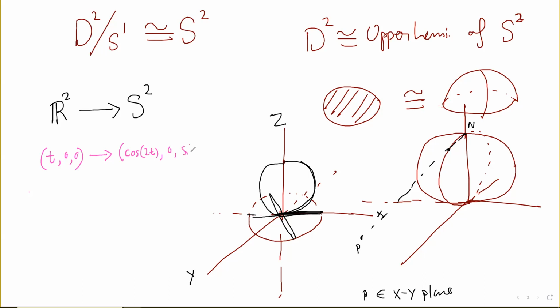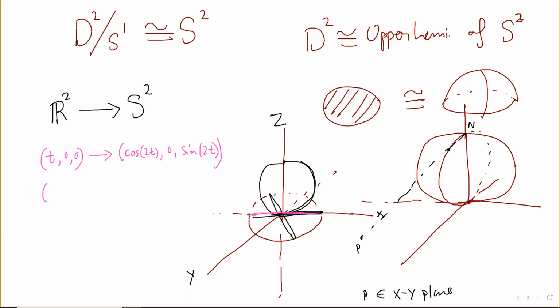This map sends this line from -100 to 100 to this desired circle. And then using this, you can obviously define the general version also.